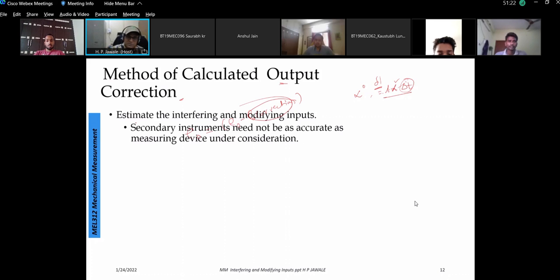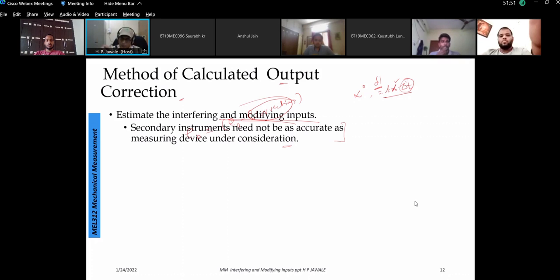So it works on the principle of estimating the interfering and modifying inputs. The secondary instrument need not be as accurate as the measuring device under consideration. This is very important here. If I find out this factor from outside, that for use of this system, a change of 1 degree Celsius gives some correction factor XYZ, and I have this kind of information as a thumb rule, I can use a very ordinary instrument.